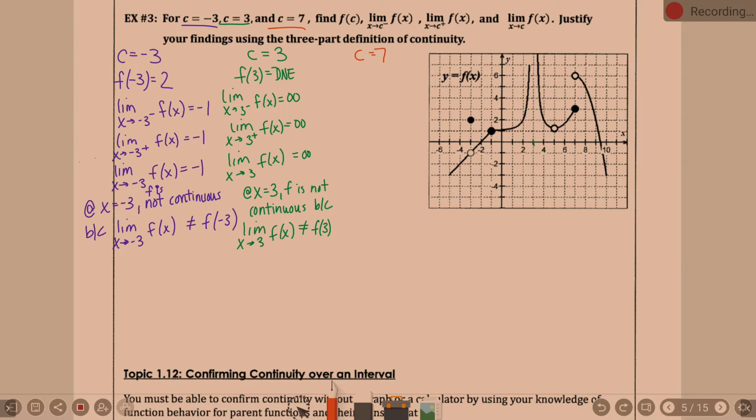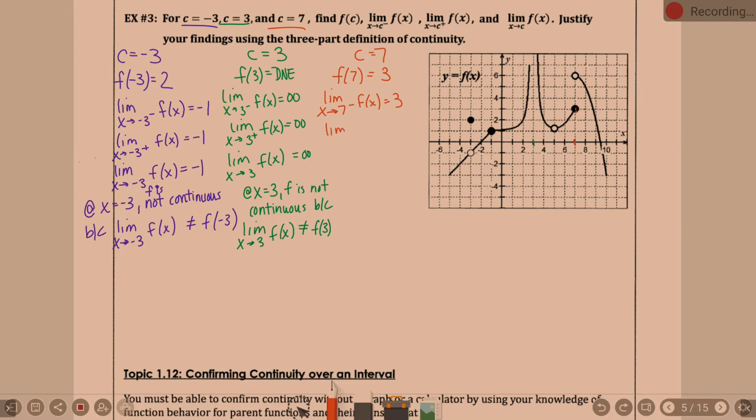7. So, f of 7. What is f of 7? 3. Agreed? Okay. The limit as x approaches 7 from the left is 3.